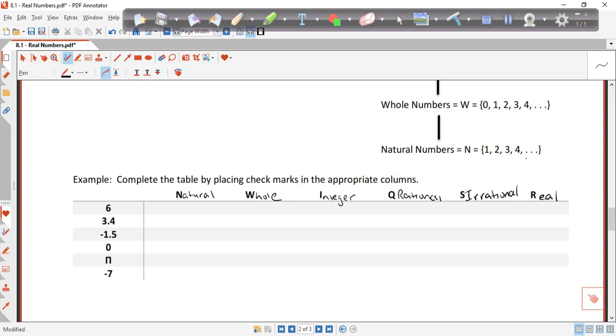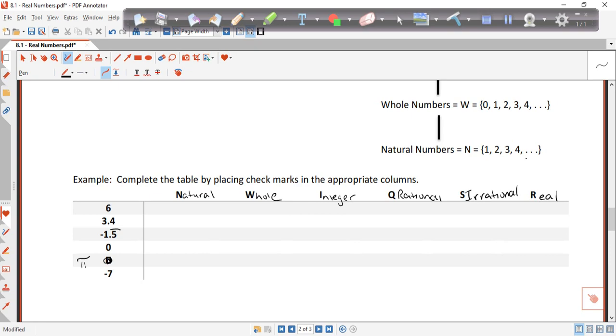And this is real. Usually I leave the real column off, but I'm going to leave it on here for now because I believe that's how it is in the homework. A couple little things over here. This negative 1.5 should have a bar over the 5. And this right here is pi.